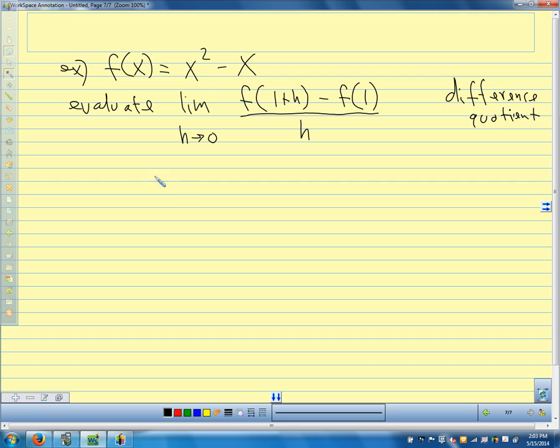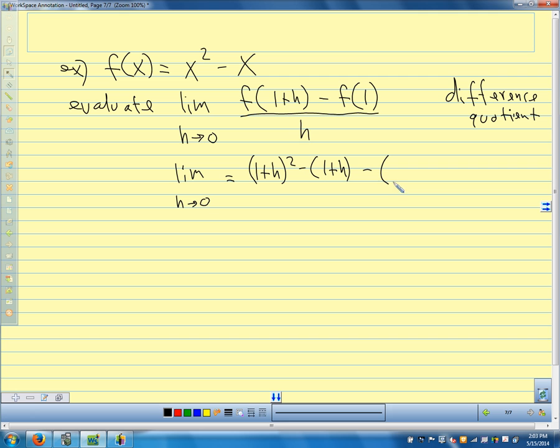So this is telling me to plug in 1 plus h for x. So this is going to be 1 plus h squared minus 1 plus h.